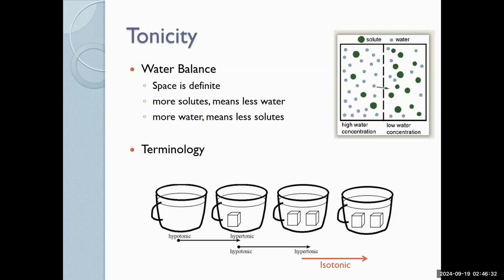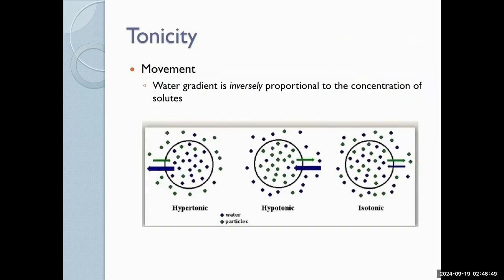Space is definite within the cell, and so if you've got more sugar, you'll have less water. If you've got more solutes, there's less water molecules. So there's a give and take. As the solutes move into one area, they'll be driving water out. So be aware that tonicity drives movement and that the water gradient is going to be opposite the solute gradient.